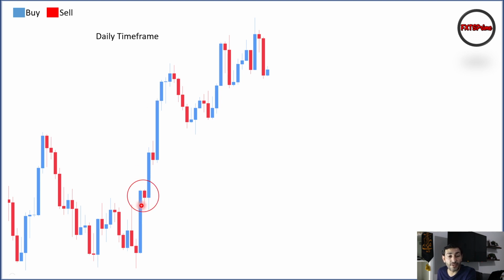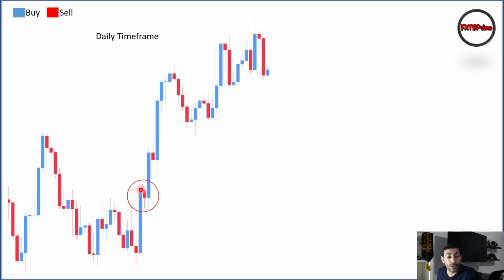Initially, if you look at this area, you will find that the price came from this level down here and continued to climb up. It's breaking out here. Then it made a small retracement candle, which is a sell candle. Then it continued to go up with a blue buy candle, then retraced with a red candle again, then continued to go up again and pulled back here.